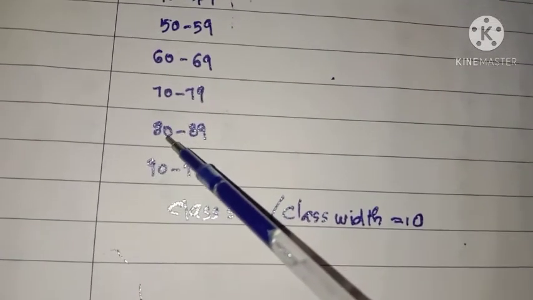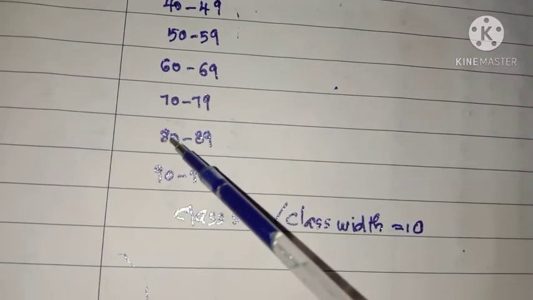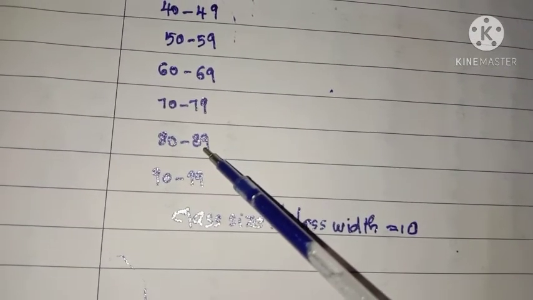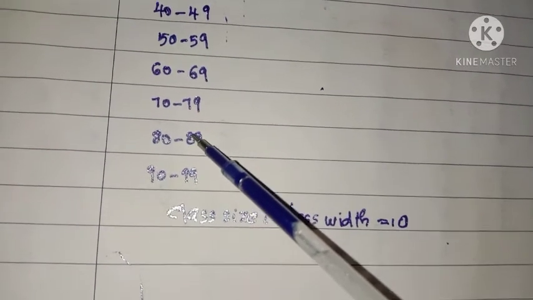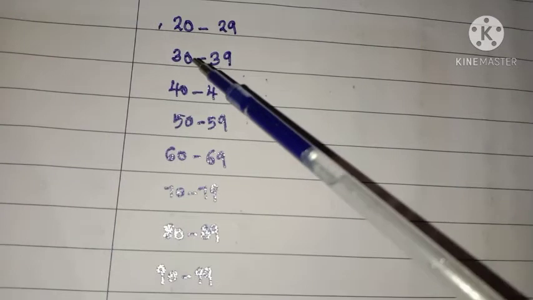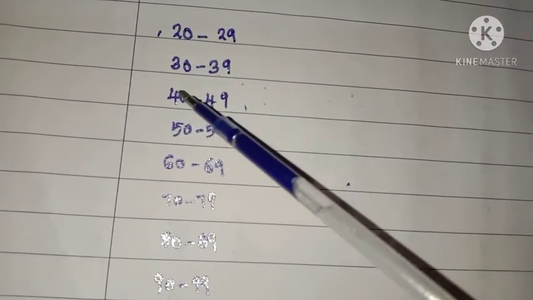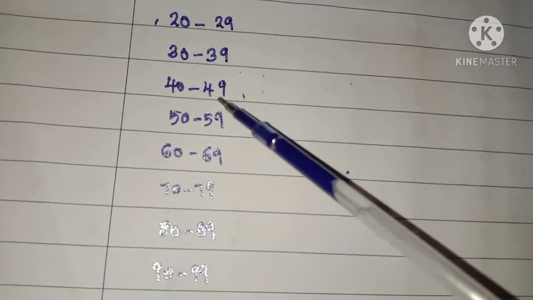Suppose in the case of 80 to 89, the lower class limit is 80 and the upper class limit is 89. Anyway, we can represent the given data in the form of classes like 20 to 29, 30 to 39, 40 to 49 and so on.